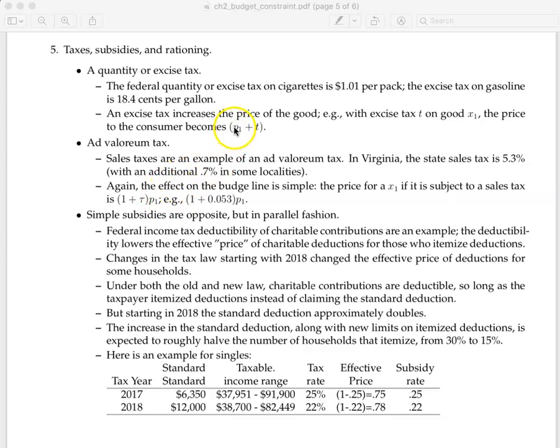Like if the price is P1, you add the excise tax, the quantity or excise tax. An excise tax is a specific tax per unit, right? So tax per quantity purchased. So an example, or some examples, excise tax on cigarettes.